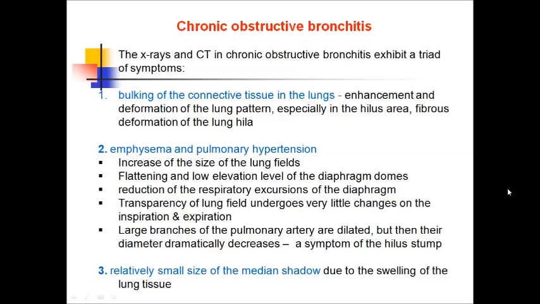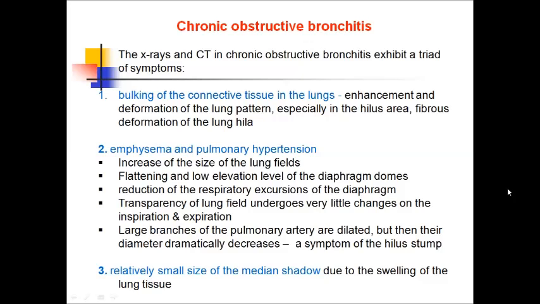Emphysema may be found as increase of size of lung fields, flattening and low elevation level of diaphragm domes, reduction of respiratory excursion of the diaphragm, and transparency of lung field that undergoes very little change on inspiration and expiration.